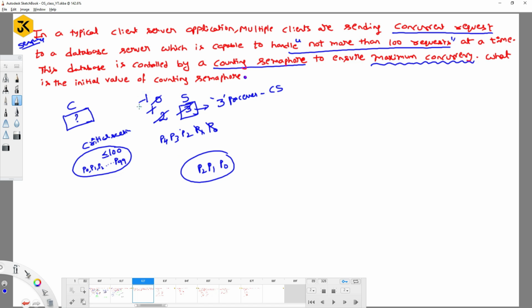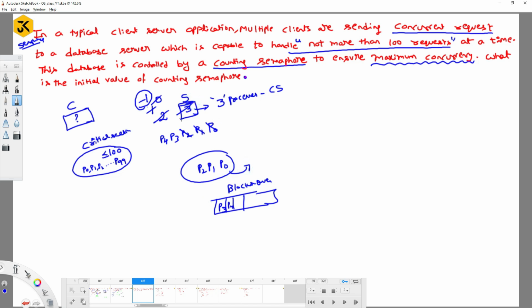What is the S value? The S value is less than 0. That's why P3 won't be allowed into the critical section, which means it will be added to the blocking queue. Later on, P4 will be added here. And once some process comes out, only then will another process be allowed in.